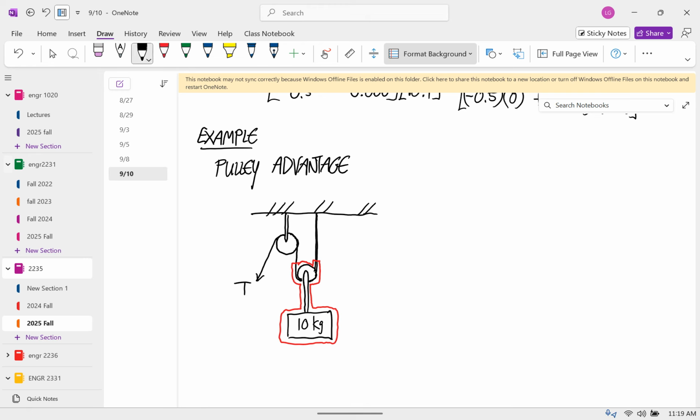And now I'm going to draw my free body diagram of the system. This is just an outline. So there are the little pieces of the cable that are included. We're including all the cable underneath, and we're including the mass. The weight of this system is 10 times 9.81, so 98.1.